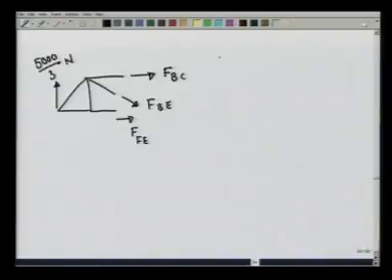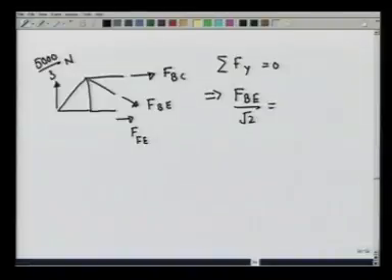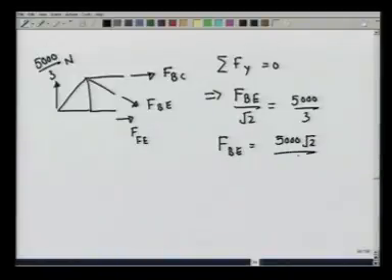Right away, summation Fy equal to 0 gives me that FBE over root 2 is equal to 5000 over 3, or FBE equals 5000 root 2 over 3 newtons.